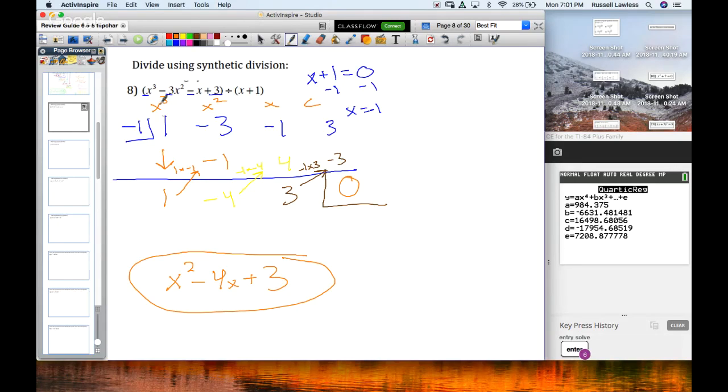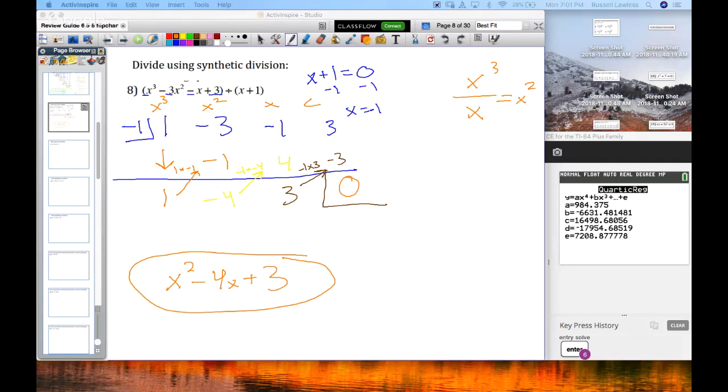When you do synthetic division, you're essentially dividing x cubed divided by the leading term of your divisor, which is x, which leaves it to be x squared. This means this is your starting term or starting degree of your polynomial in the bottom. So make sure that's how we're starting, with that leading degree of x squared.